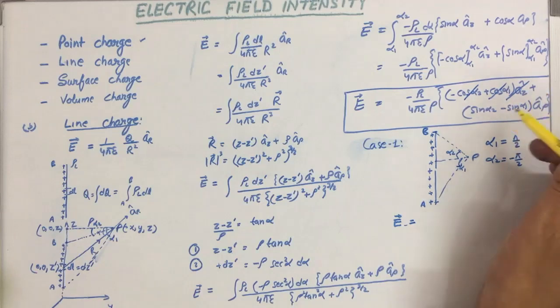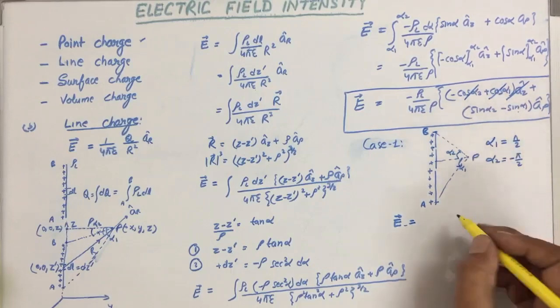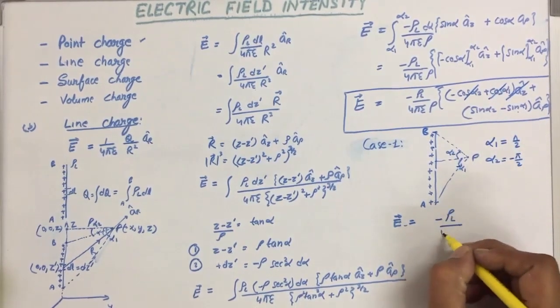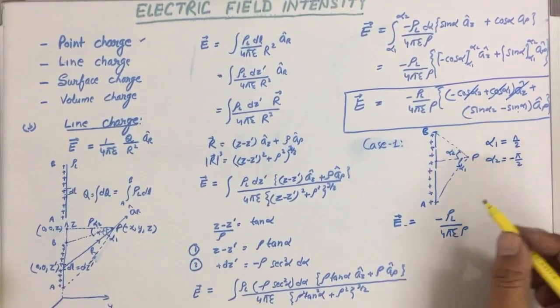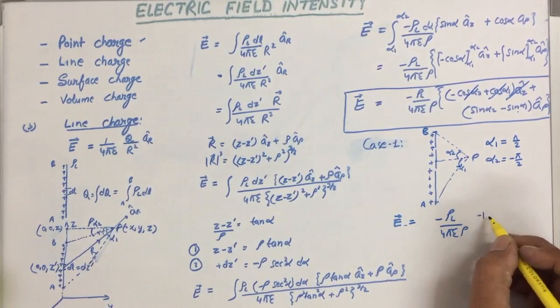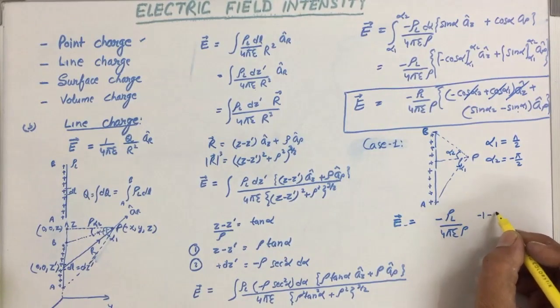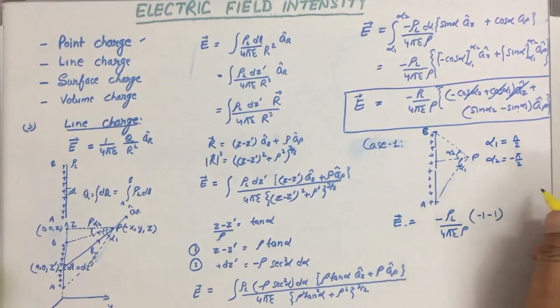Now put the value here, cos alpha 1 will be 1, put the value of alpha 1, this will be 0, put this value here, you will get minus rho L divided by 4 pi epsilon rho, sin alpha 2, sin minus 90 will be minus 1, minus sin 90 will be 1, multiplied in the direction of a rho.